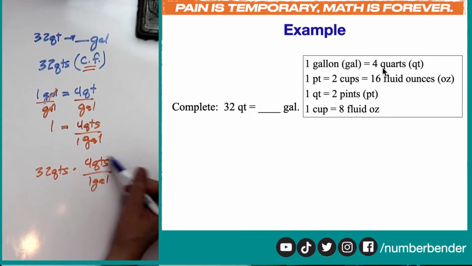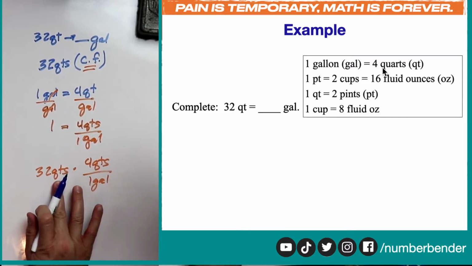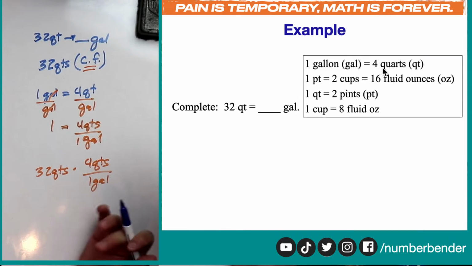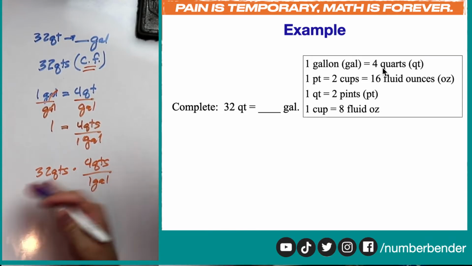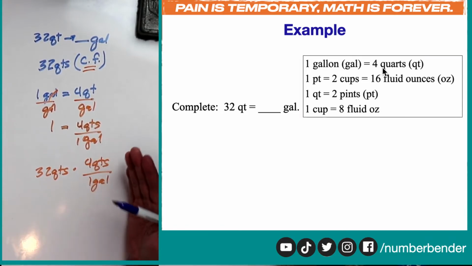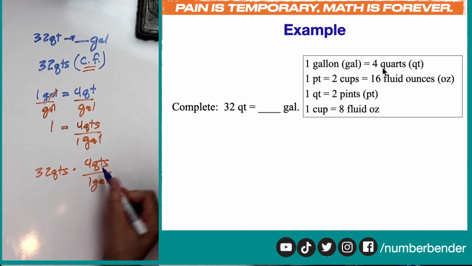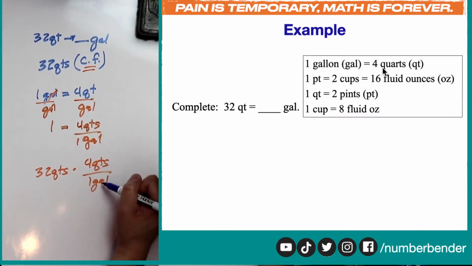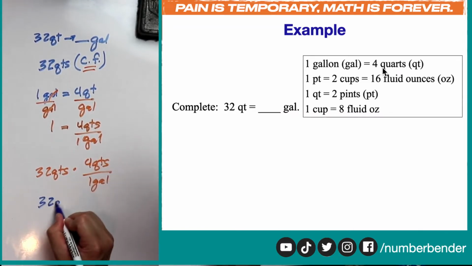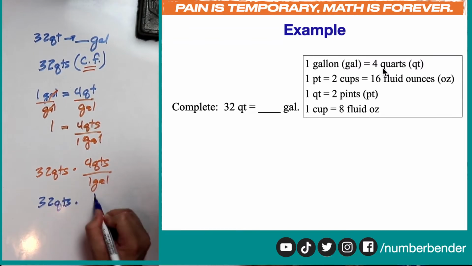So we're going to reciprocate our conversion factor so that we'll be able to cancel out the quarts on this side of the equation, and we'll have our unit of measurement in gallons. So instead of multiplying by 4 over 1, let's multiply 32 quarts by 1 gallon all over 4 quarts.